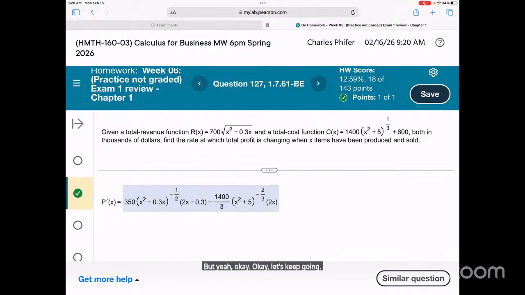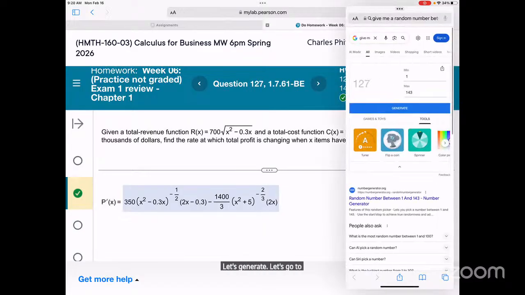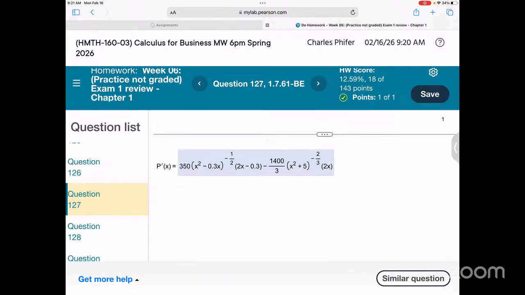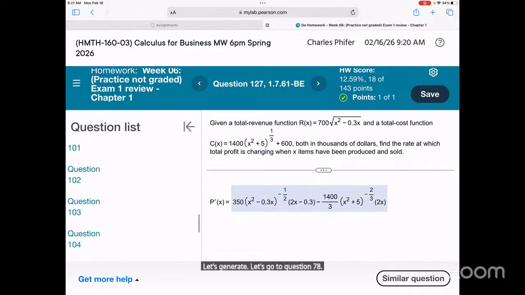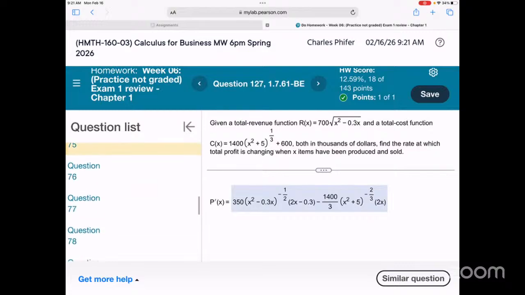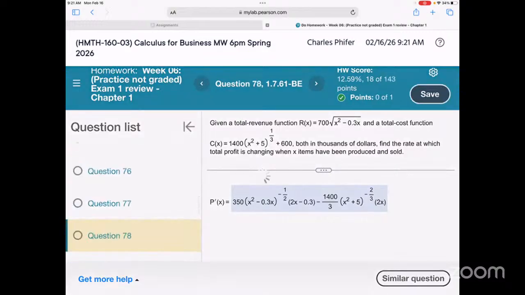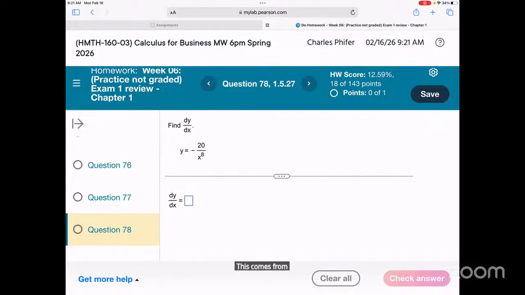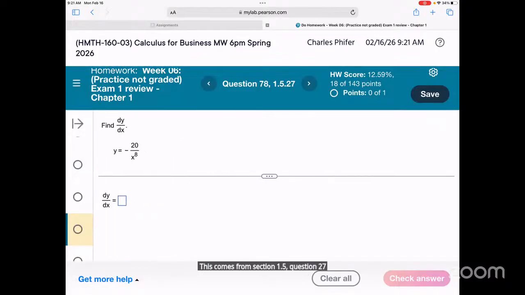Let's go to question 78. This comes from section 1.5, question 27, find the derivative. So we can rewrite it as a negative exponent.